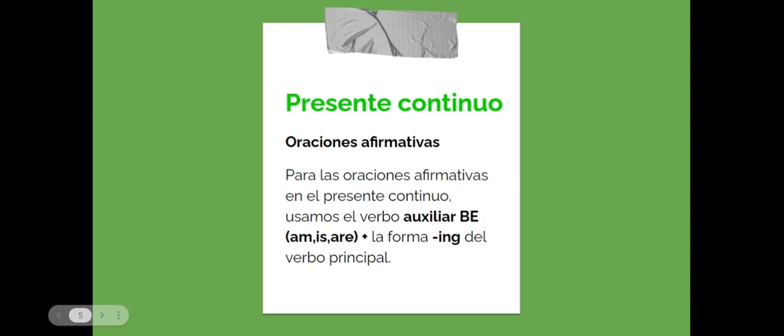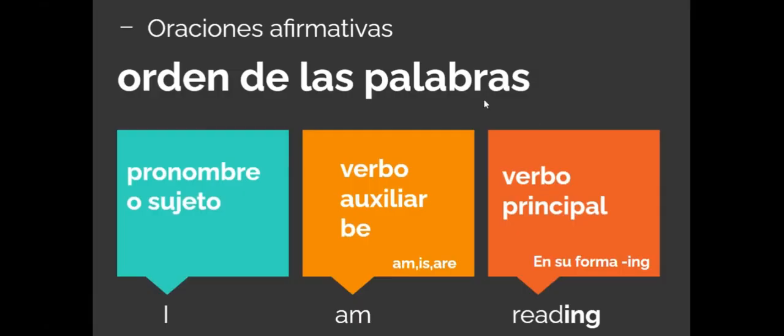So I'm going to show you how to make affirmative sentences using the present continuous tense. The form of the present continuous tense is the following: how we order the words. First, you start with a pronoun or a subject. In this case, it is I. Then we have the auxiliary verb be, which takes three different forms: am, is, are.